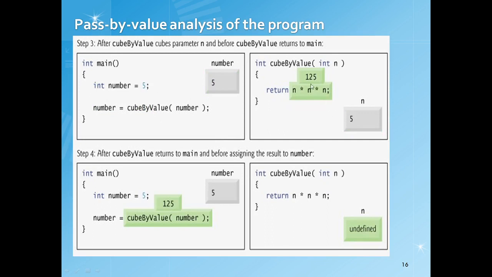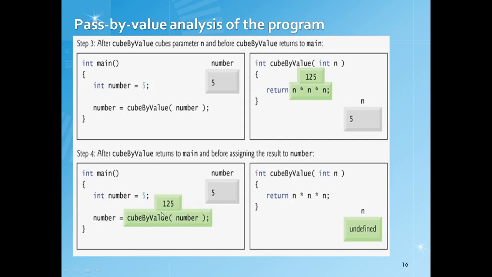n is multiplied by 5. During this process n is still 5, but when it returns, the number is still 5. At that moment n is 5, but the result is 125, before it is assigned to number.